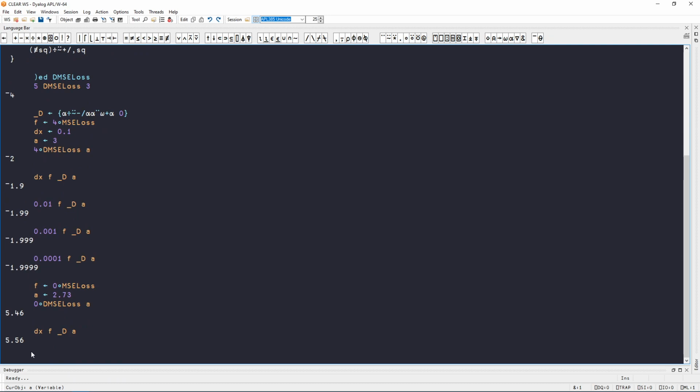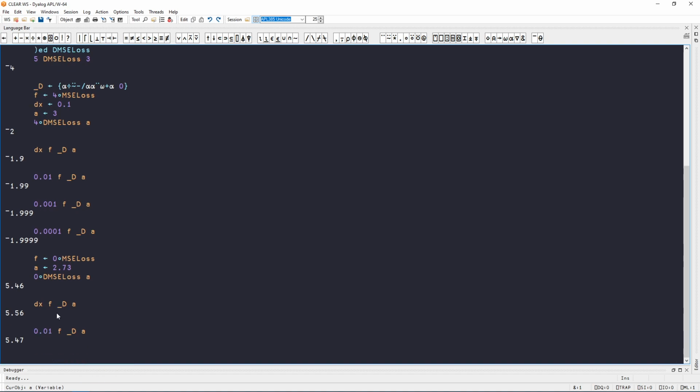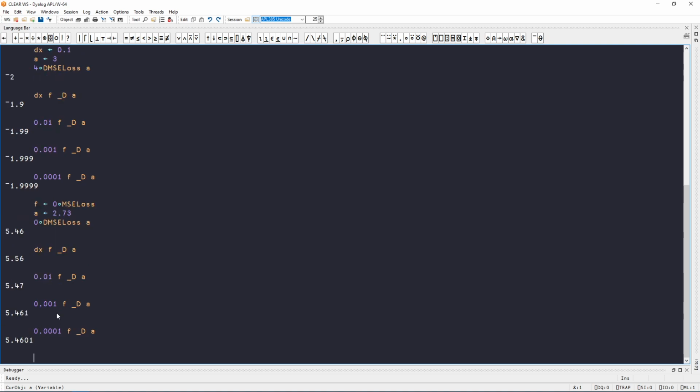So 5.56 is fairly close to 5.46, but it gets even closer as we decrease the value of dx. And that's what we should be seeing. Okay, notice that this is much closer to 5.46 than what we started with.